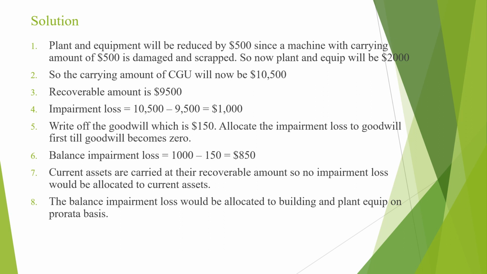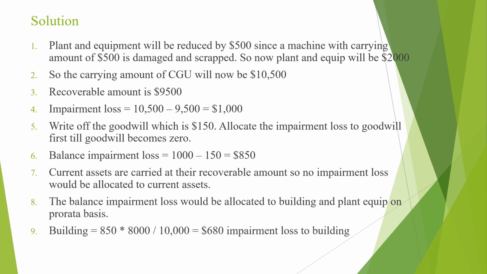Now after writing off 500 from plant and machinery, the carrying amount becomes 2,000. As you had noted earlier, the building had a carrying amount of 8,000. So the ratio in which you will distribute 850 would be 8,000 building and 2,000 plant.